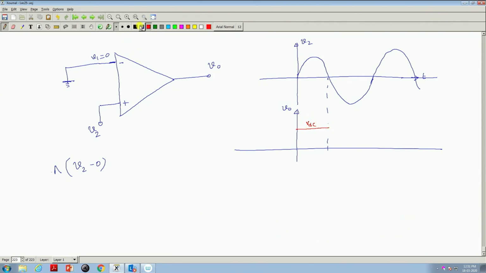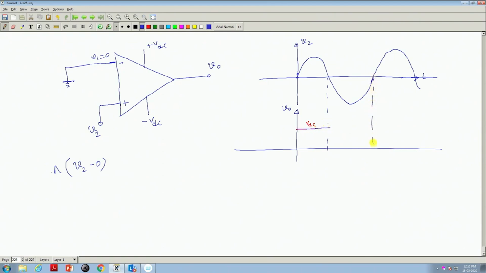VDC is of what? VDC of the op-amp, the two supplies you will connect. It will saturate, because a slight value of this voltage, maybe at the microvolt level, immediately saturates the output. For an ideal op-amp, this V2 greater than 0, it saturates, it starts from here.